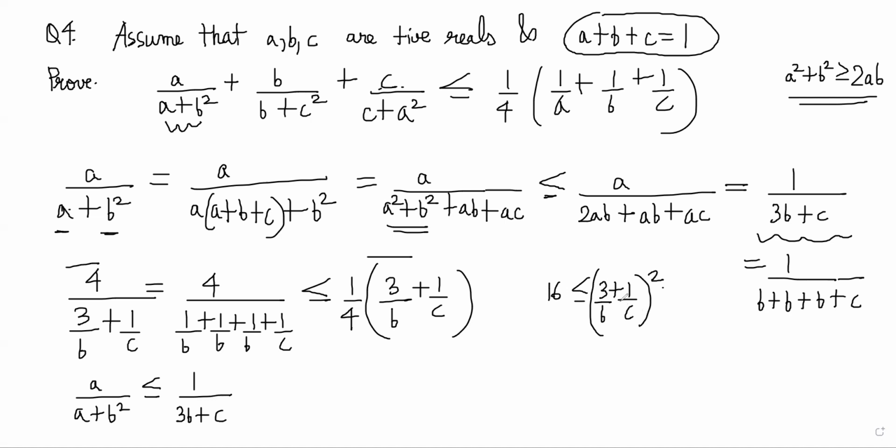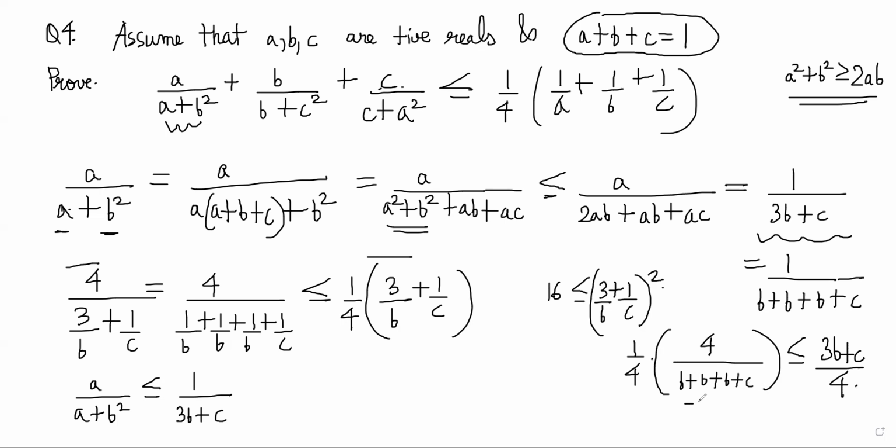But that is not similar to 3B plus C. So, we have 4 by (B plus B plus B plus C) and 1 by 4 here. This is the HM of these terms. So that should be less than or equal to the AM. Oh yes.